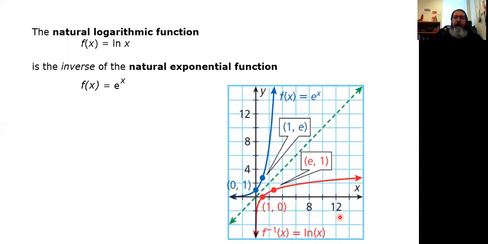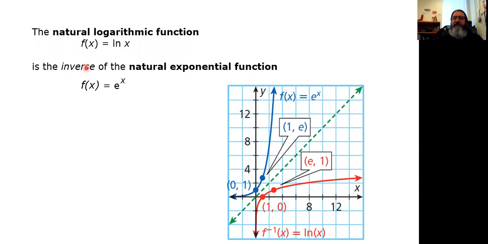Okay. Now, a couple of little things I want you to know about natural logarithms, and we're going to talk more about inverses in a few minutes, but just to mention this while we're on this topic. The natural logarithmic function, f of x equals the natural log of x, which of course is log base e of x, has a graph that is this red curve right here.